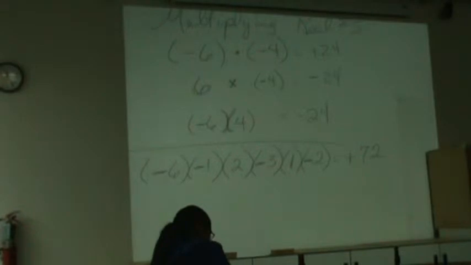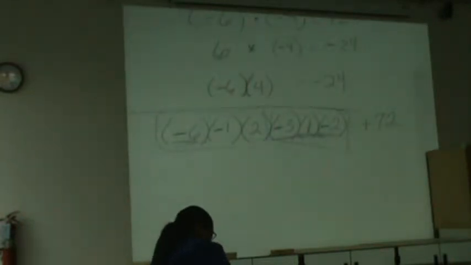They don't have to be left to right. Remember, the commutative property says you can do it in any order. So you could have grouped them. 3 times 2 is 6. 6 times 6, 36 times 2. You could have done 6 times 12. You could have done it in any order.